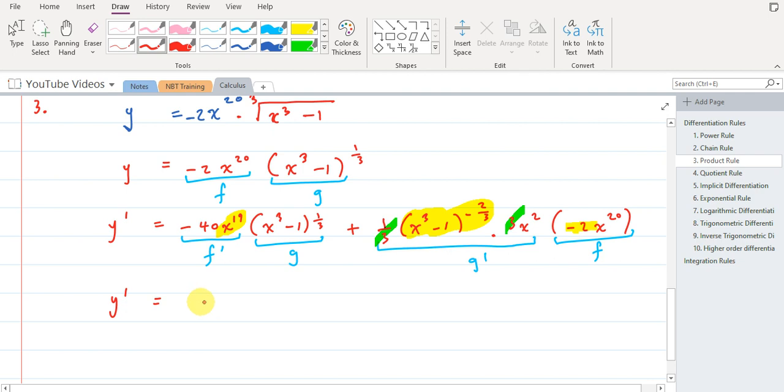We've got minus 2 x to the power 19 and x cubed minus 1 to the power minus 2/3, times, we're taking this entire term over this entire term, x to the power 19. So minus 40 divided by minus 2 is 20. The x to the power 19 cancels out.